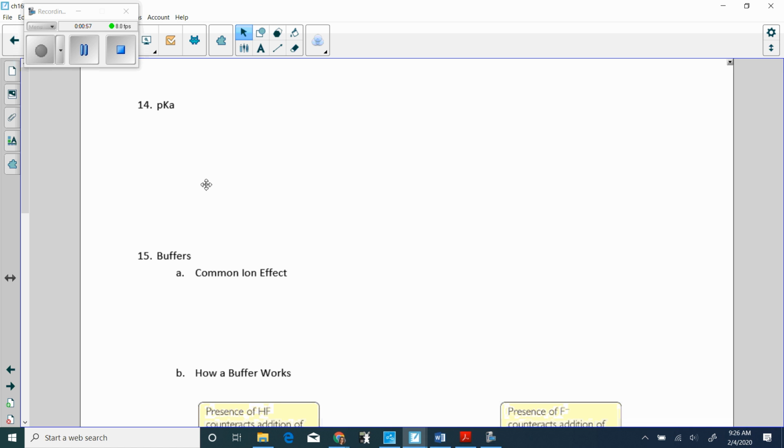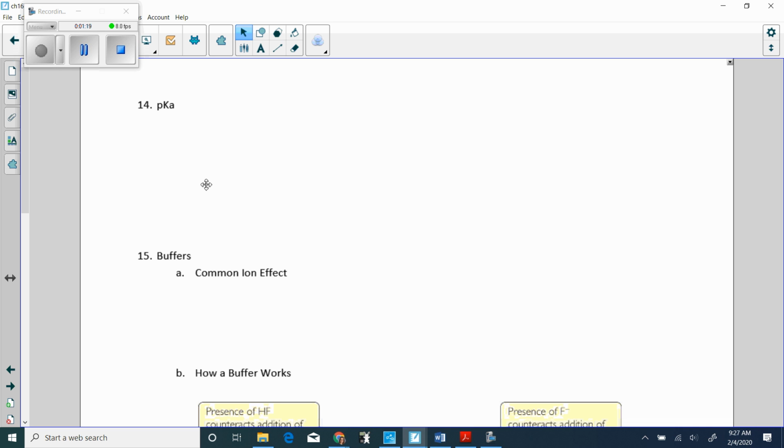We'll learn titrations tomorrow. What day is it tomorrow? Wednesday. Thursday, I'm not here. You have some work to do to practice some buffers and titrations. Friday, we'll do a review, and Monday is going to be the quiz. So we'll finish learning tomorrow, Wednesday, and our first assessment will be on Monday.